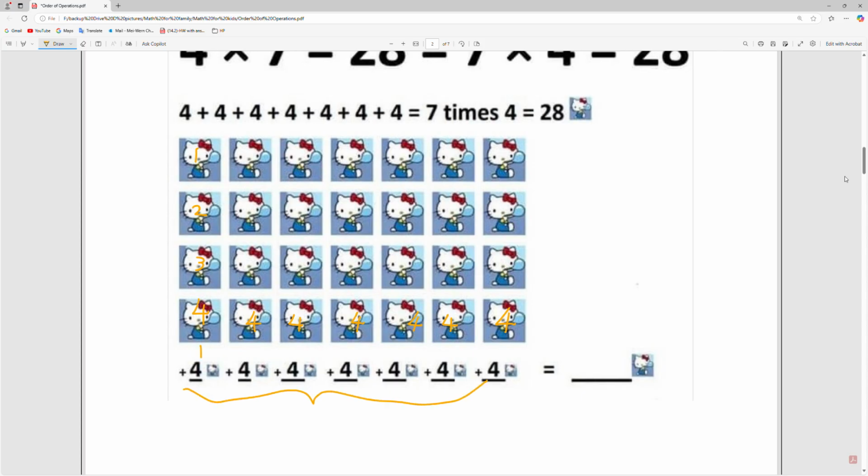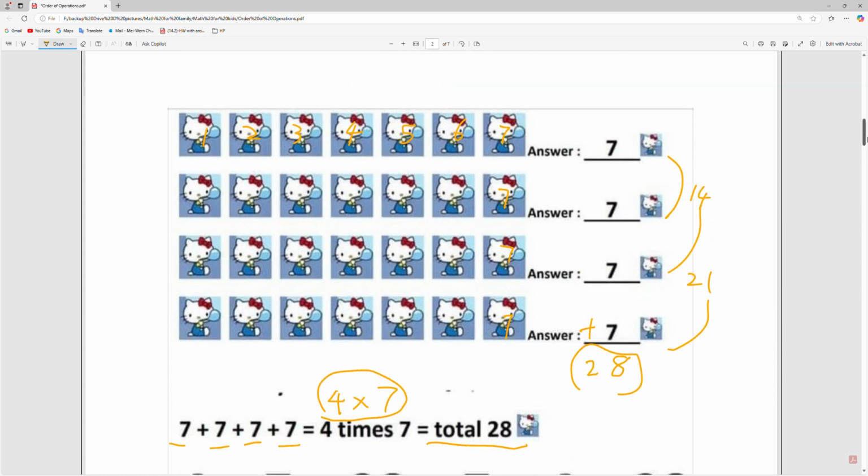You have 1, 2, 3, 4, 5, 6, 7. You have 7 columns. So it is 7 times 4 added together. So you add 4, 7 times. And it's the same thing you can calculate. It is basically this amount of soldiers.